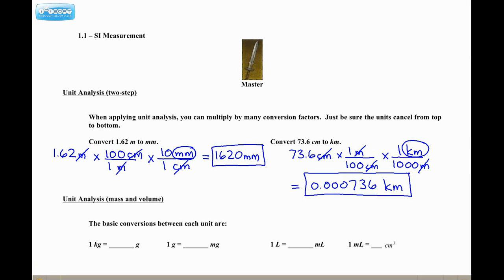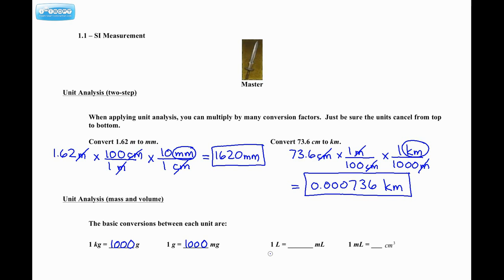All right, unit analysis, mass and volume. Yes, unit analysis can be applied to, well, any type of unit you want, not just measurements involving length. So 1 kilogram, how many grams? You should know that as 1,000. For every kilogram, there are 1,000 grams. For every gram, that is 1,000 milligrams.